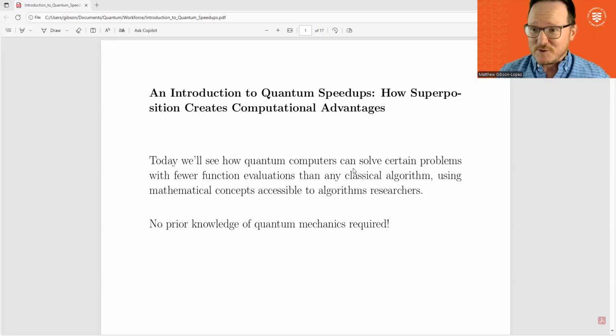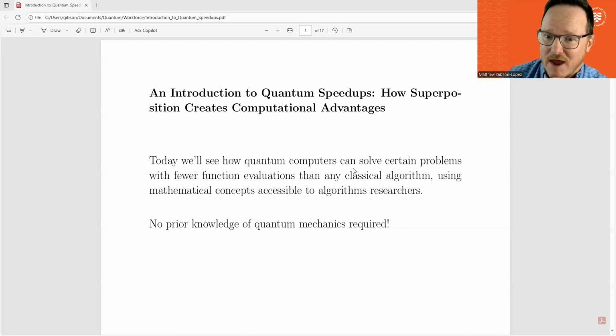And at least for me, that was really frustrating, that I had to jump through so many hoops before I could even just get a taste of how quantum computing can be advantageous over classical computing in certain settings.